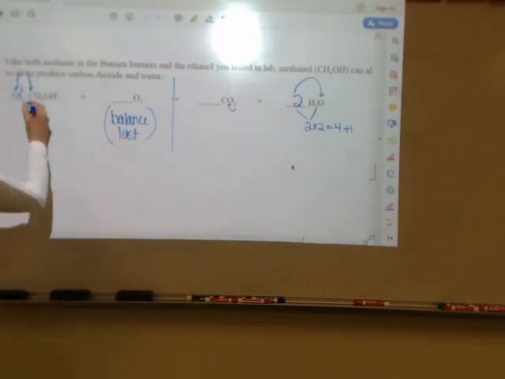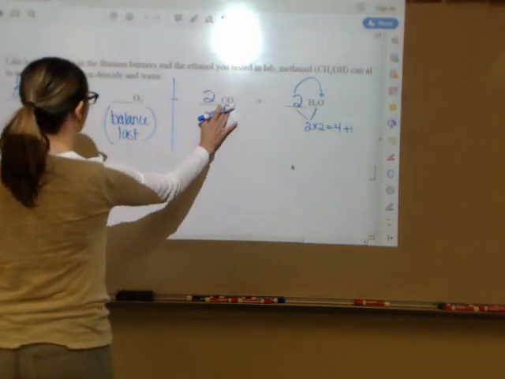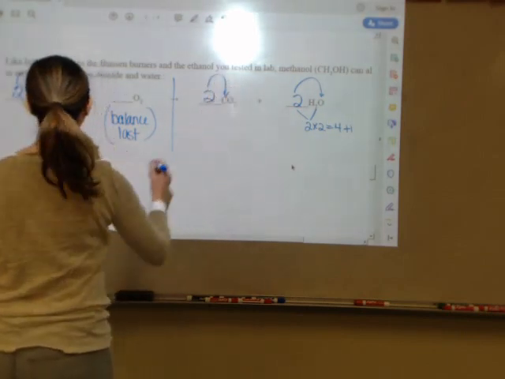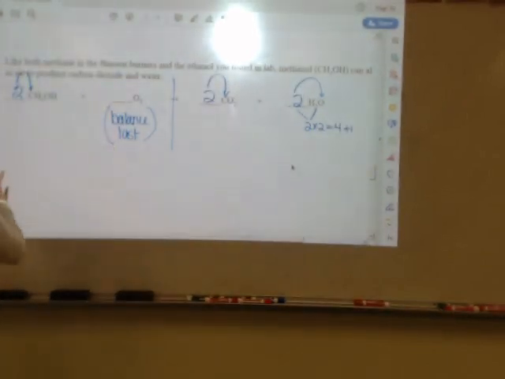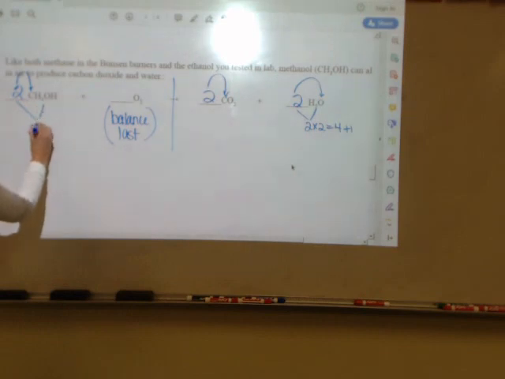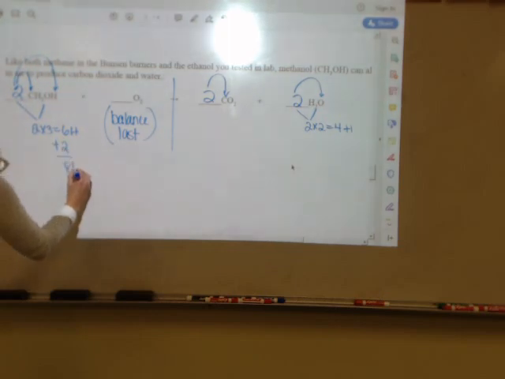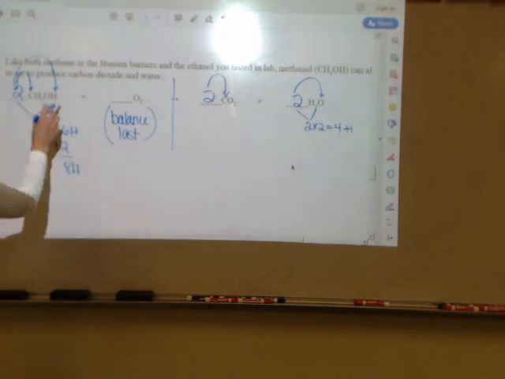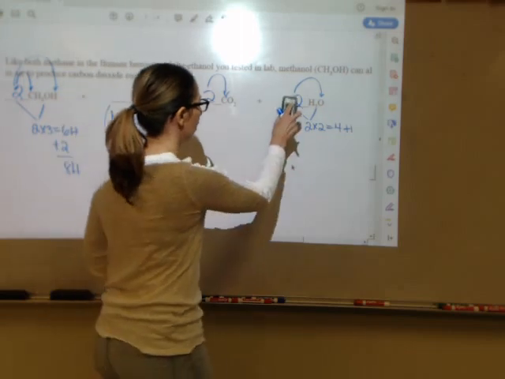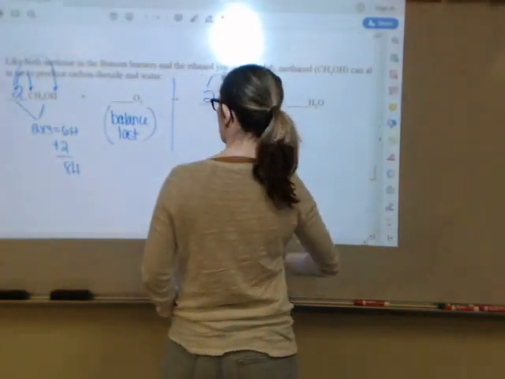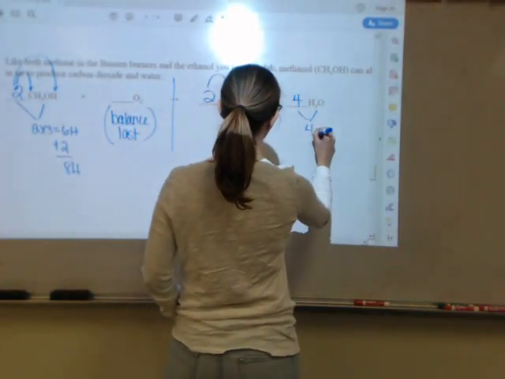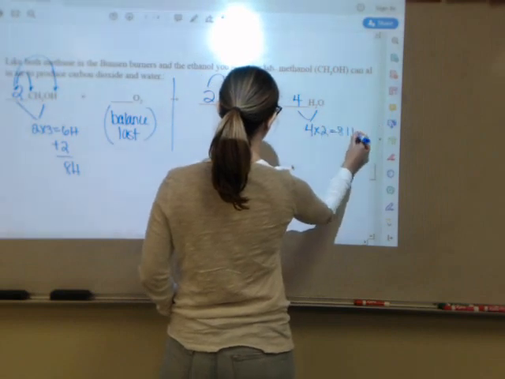That changed my carbon, so I'm going to put a 2 in front of CO2 to balance the carbon. Then that completely changed my hydrogens. 2 times 3 is 6 hydrogen plus another 2 is 8 hydrogen total in this compound alone. This coefficient now will be changed to a 4 because 4 times 2 will be 8 hydrogen.